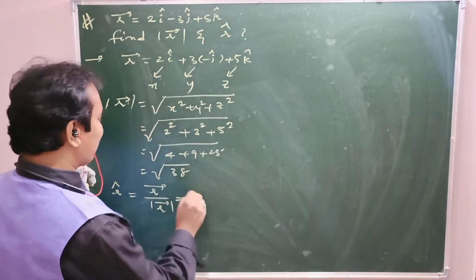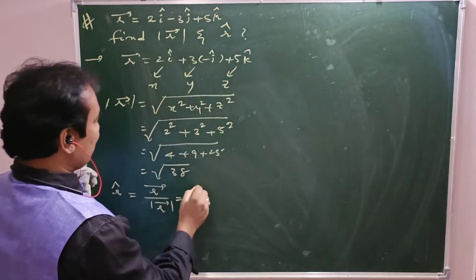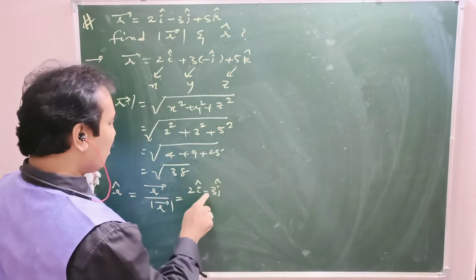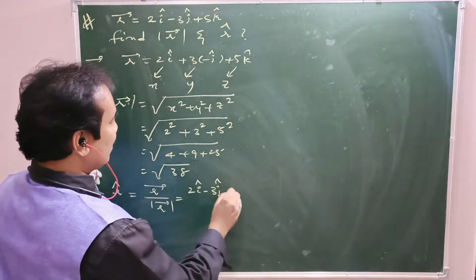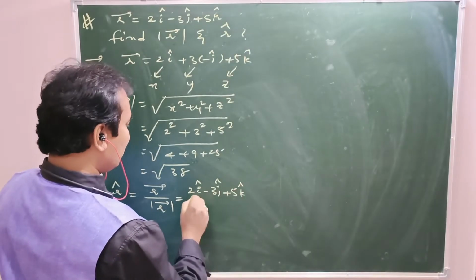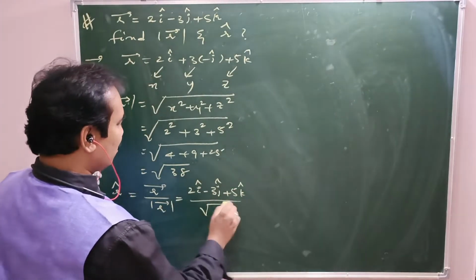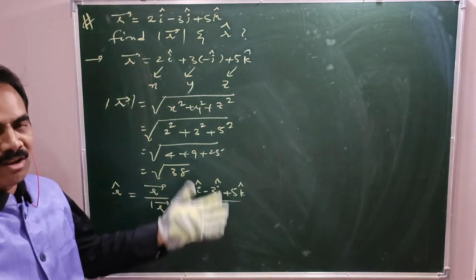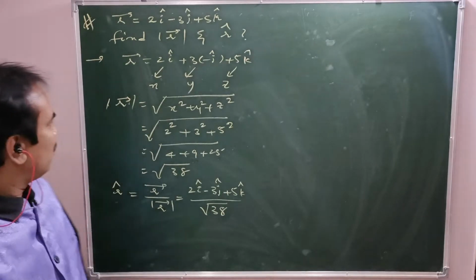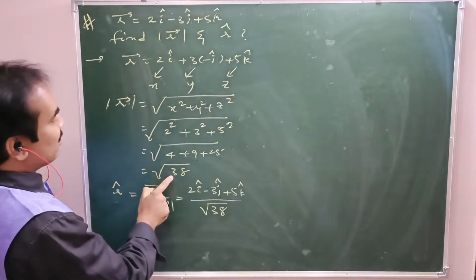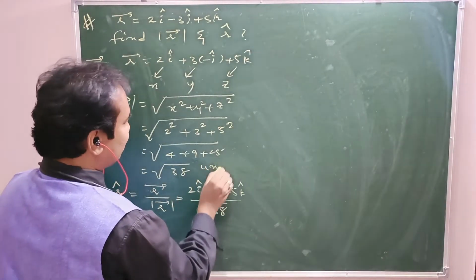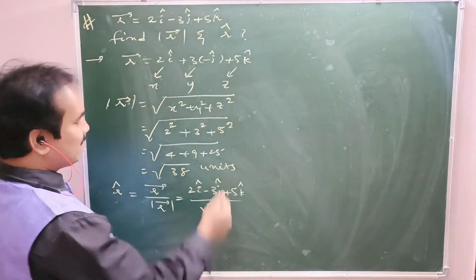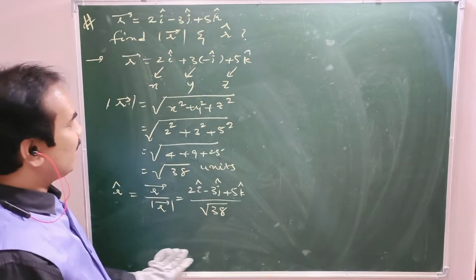That is, 2i minus 3j, or plus 3 of minus j, plus 5k, divided by mod r bar, root 38. So this is the unit vector of the given position vector. So here the magnitude is root 38 units and the unit vector is 2i minus 3j plus 5k by root 38.